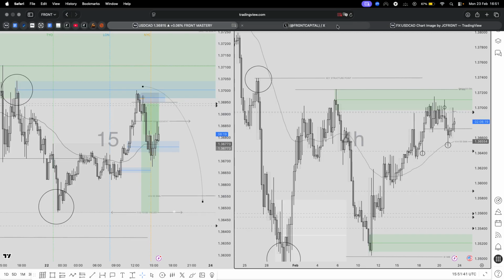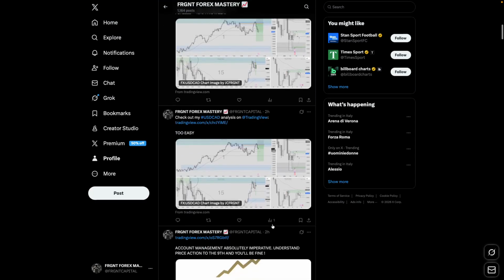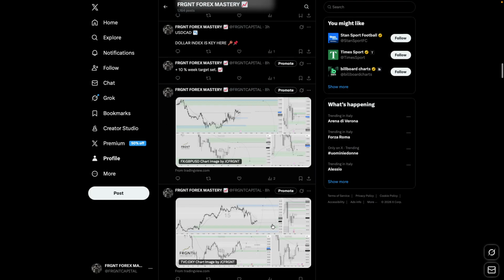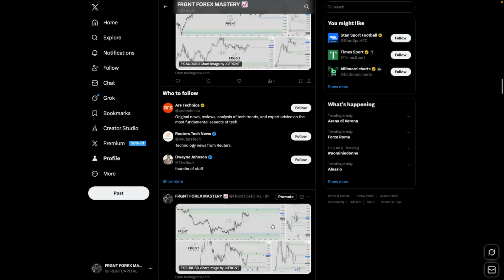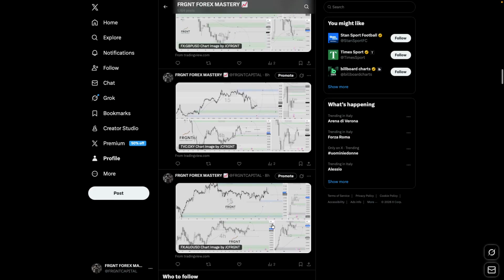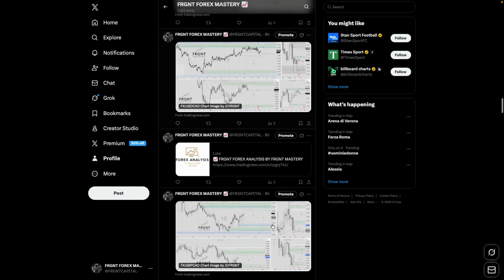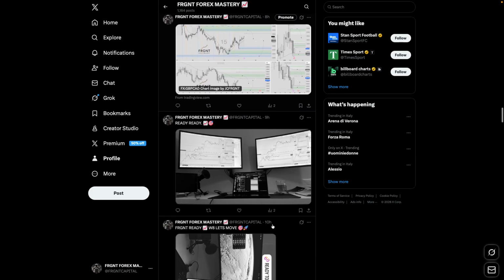And then something that I just had an inclination of this morning as I was going through my chart analysis. Again, I'm using X or Twitter or whatever it's called these days as a bit of a historical playbook for myself.